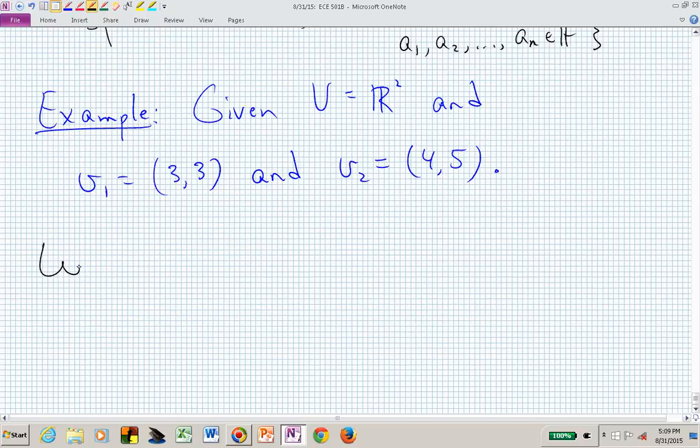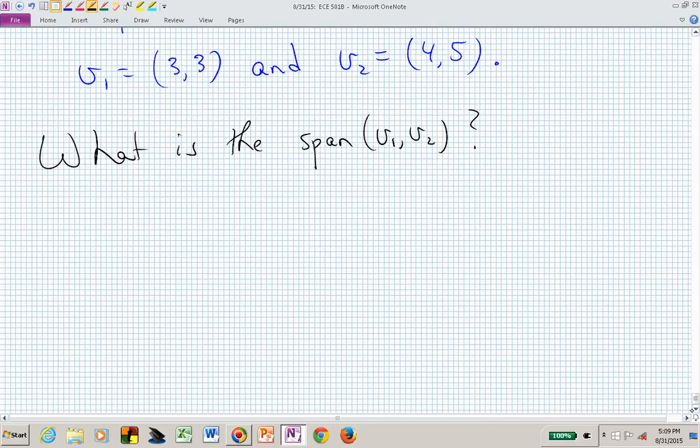What is the span of the two vectors v1, v2? What can we cover, or where can we go in the xy plane using these two vectors v1 and v2? We can go anywhere we want in R2, and here's the thinking.